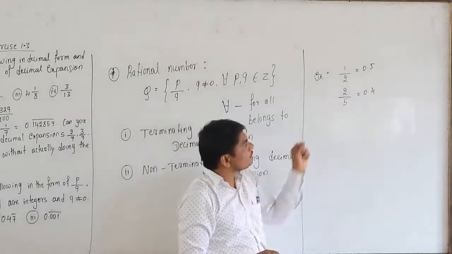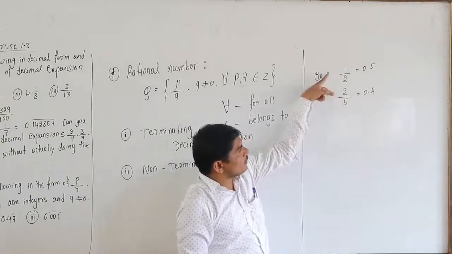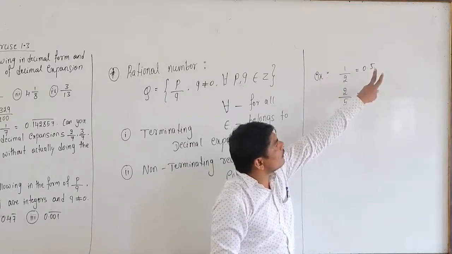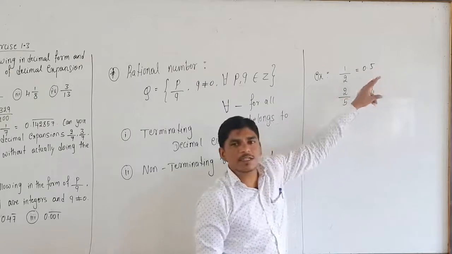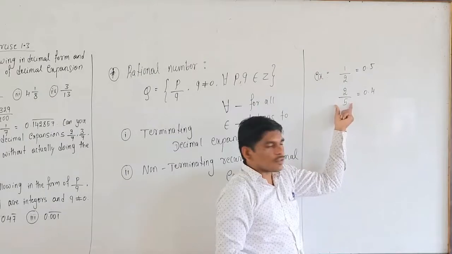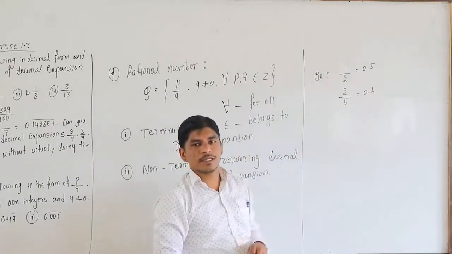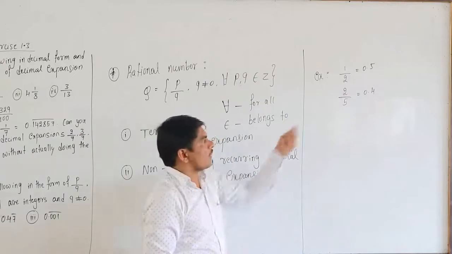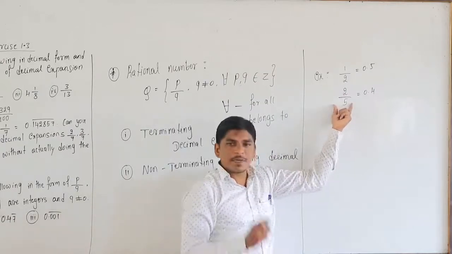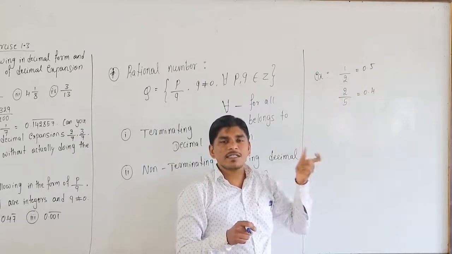We observed that these two rational numbers are completely divisible, which means the remainder is 0. That's why these two are terminating decimal expansions. After the long division method, when the remainder becomes 0, those are called terminating decimal expansions.